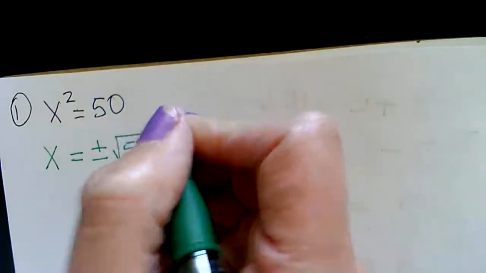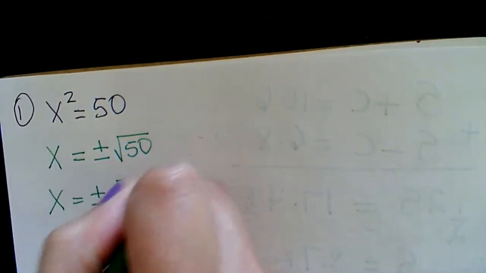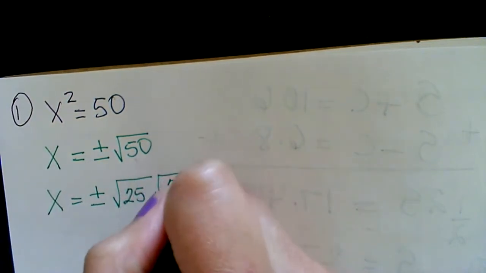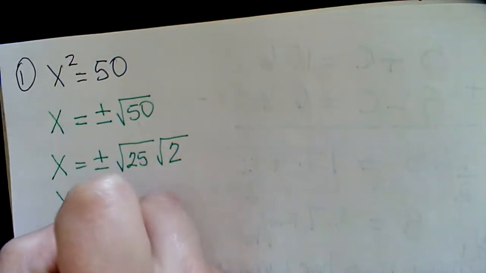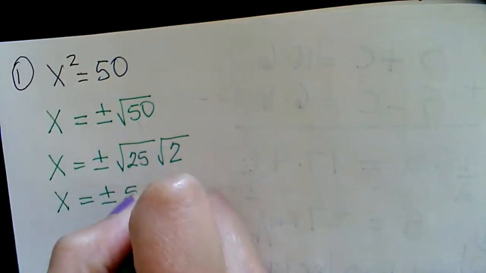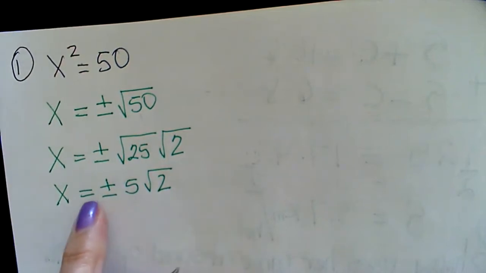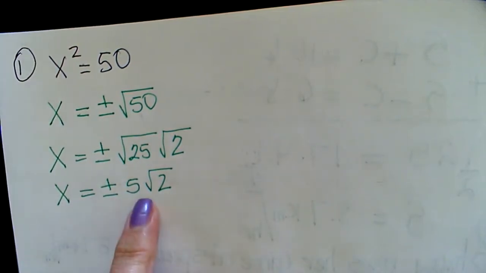What is 50 equal to? Remember, one perfect square times 2. The square root of 25 is 5. So x is going to be equal to plus and minus 5 times the square root of 2.